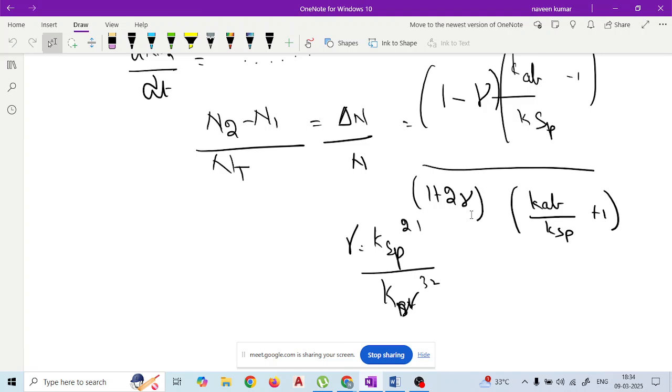To remain positive, one thing we want to make sure is that k absorption by k spontaneous needs to be greater than 1. Here we are talking about the pumping rate for the molecule to move from one state to another, and the spontaneous emission rate should also be considered.